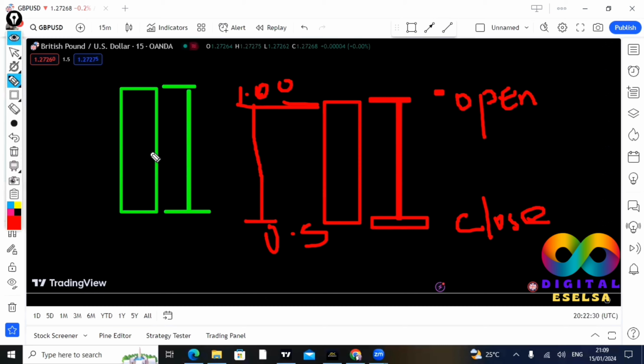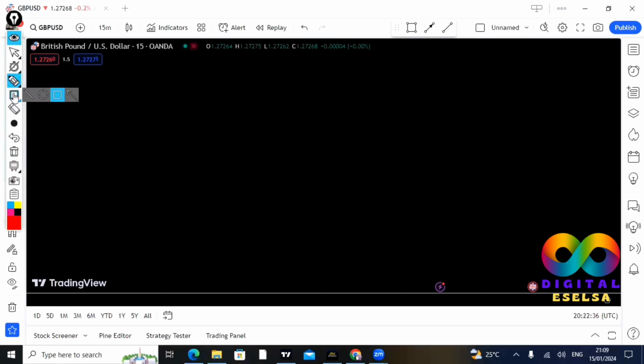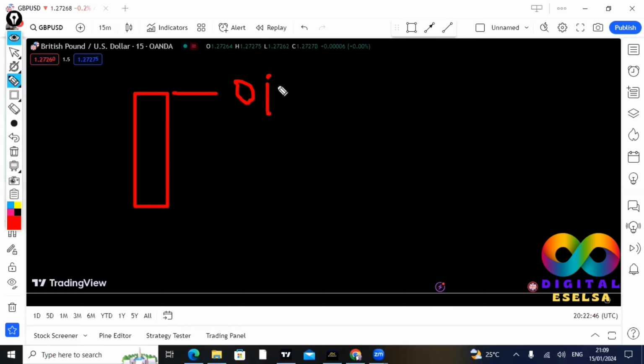So now I've explained the open price and the close price, and I believe it is now clear to you. If you bring any candle that is red in color, the fact that this candlestick is red already shows you that the open price is above. This is where the candle opened and the close is below.